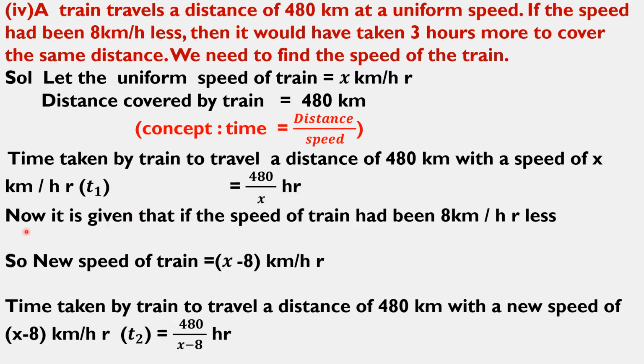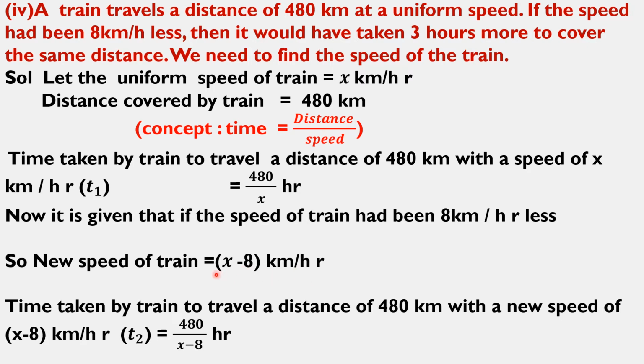Now in the second condition it is given that if the speed of the train had been 8 km per hour less, means when the speed of the train is decreased by 8 km per hour, the new speed of the train is equal to x minus 8 km per hour, because the speed has been decreased.